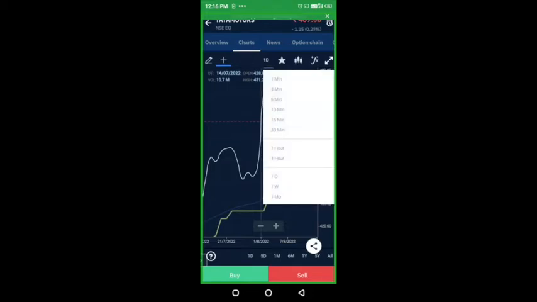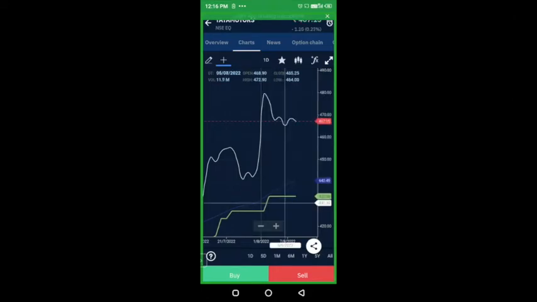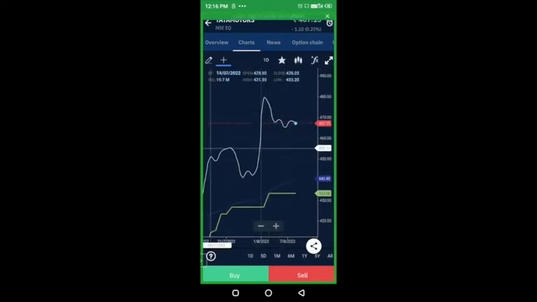Okay, in the day chart you can see, right? In the past few days Tata Motors has been continuously hiking. Based upon the closing price of Tata Motors, every day they have plotted a line graph. So the share price of Tata Motors is continuously hiking.